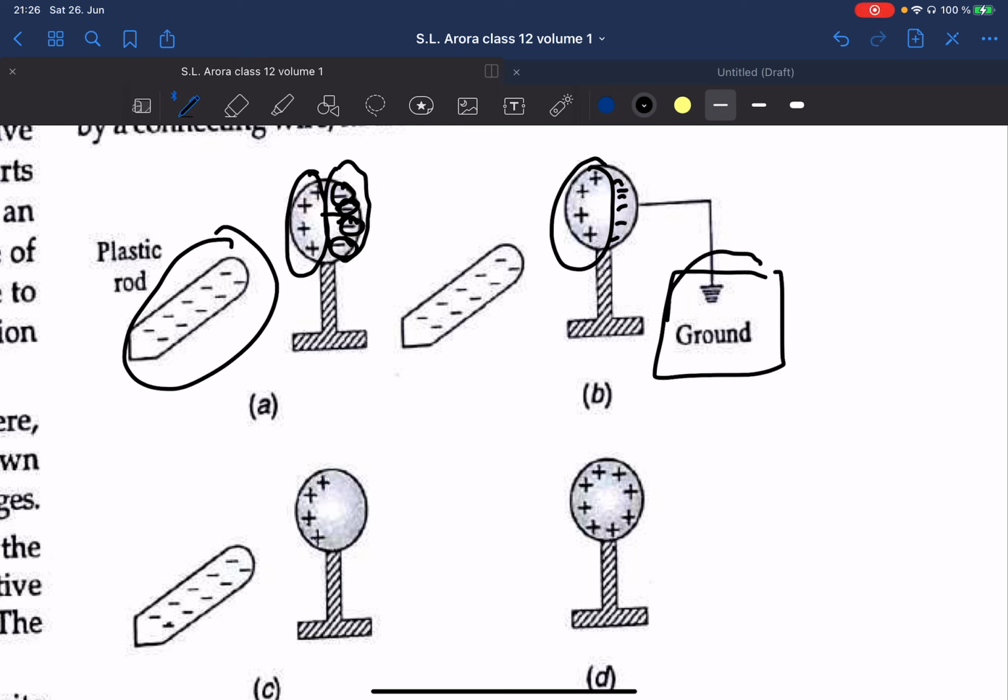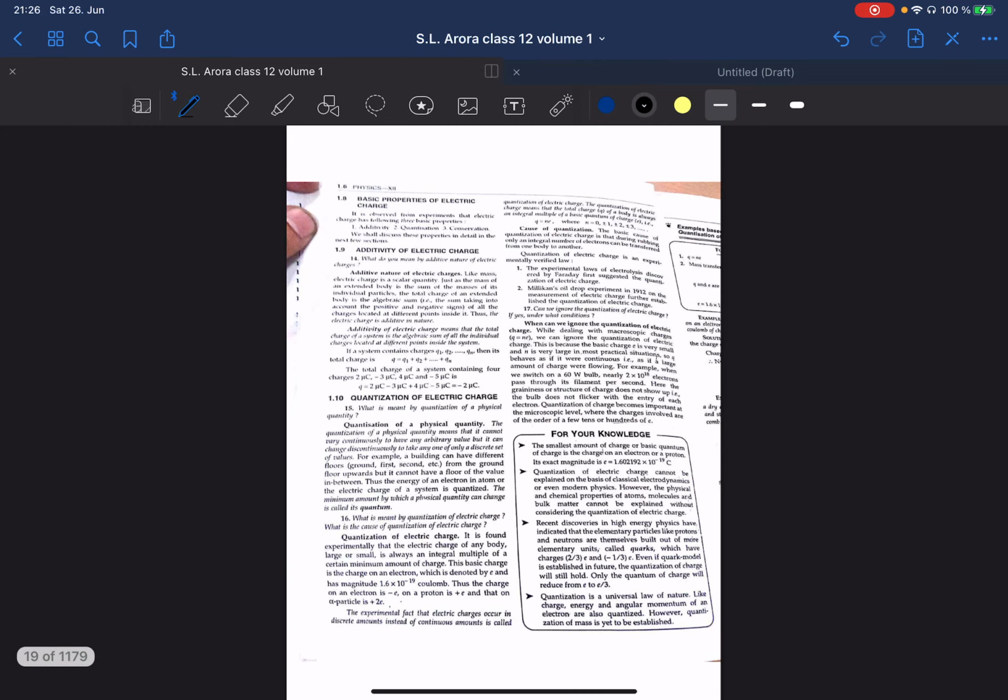That means ground, being a conductor, can take all the negative charges and allow you to have a fully positively charged body. I hope that was very good for you to learn.